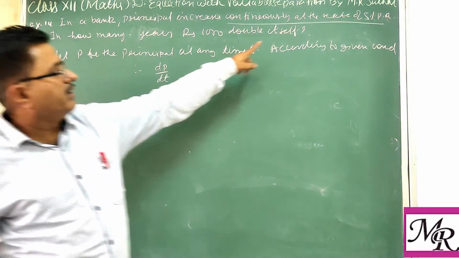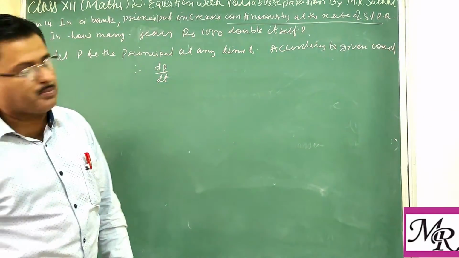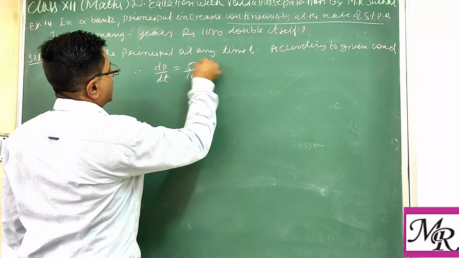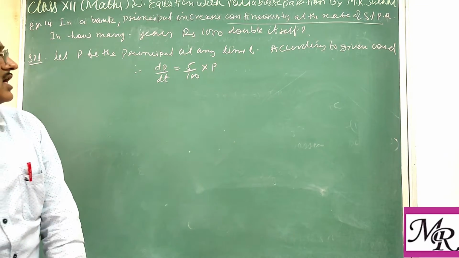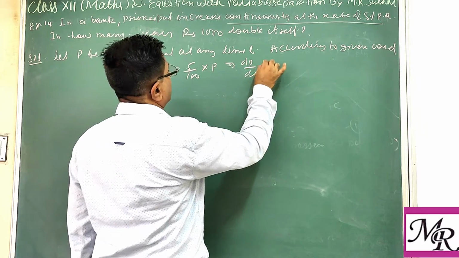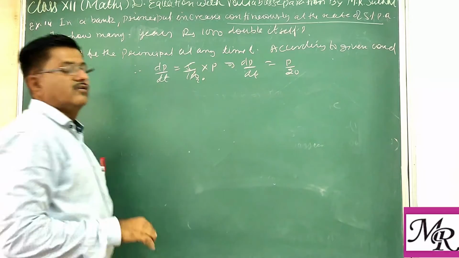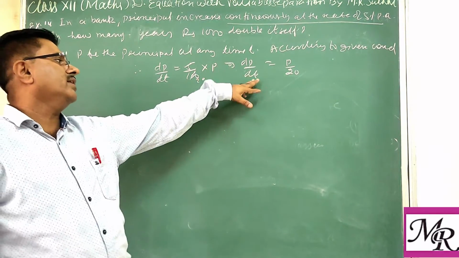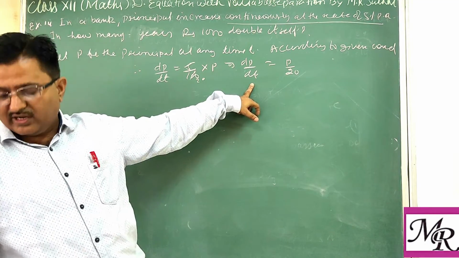What is it? It is at the rate of 5% of the principal, 5 upon 100 of the principal per year. So this is given. Now you can say this is a differential equation of order first, degree first.